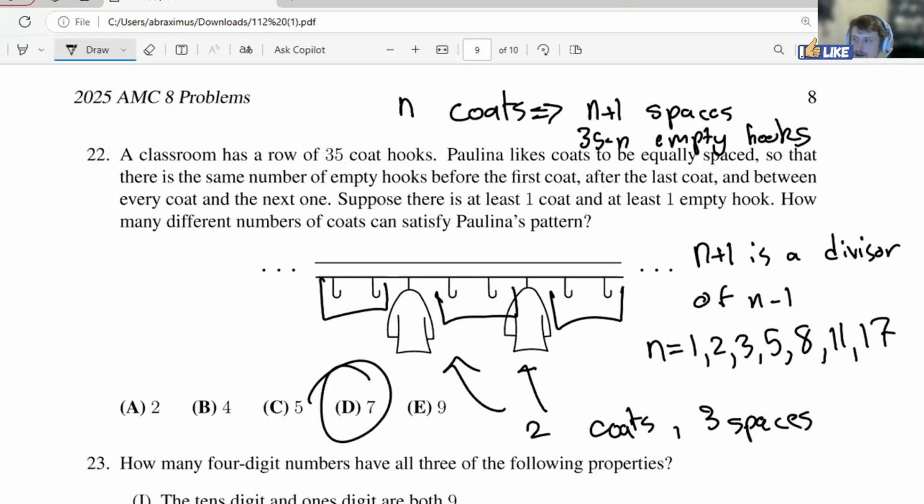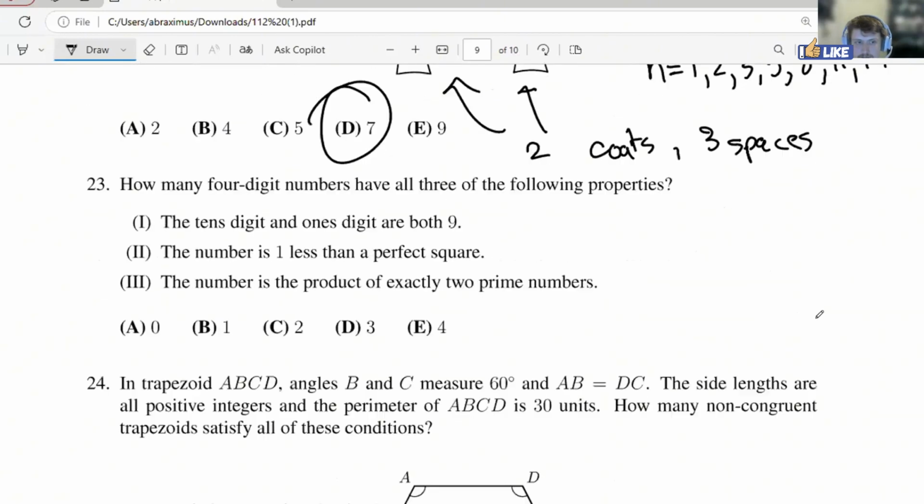All right, so problem 23. How many 4-digit numbers have all three of the following properties? The tens digit and the ones digit are both 9. The number is 1 less than a perfect square, and the number is the product of exactly two prime numbers.